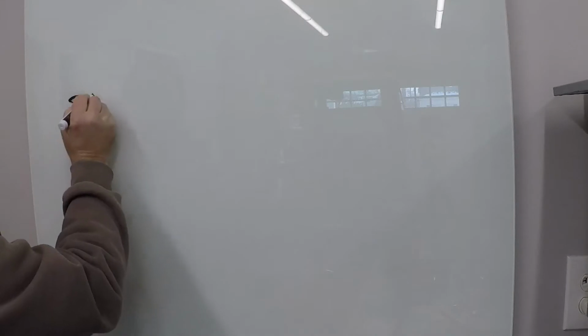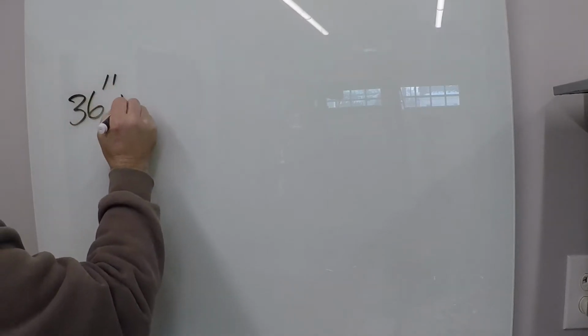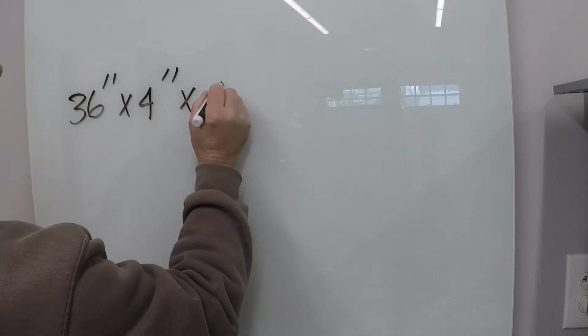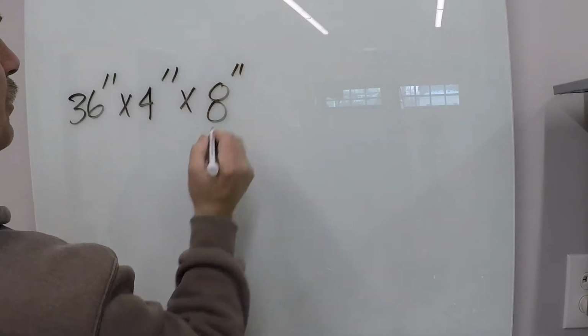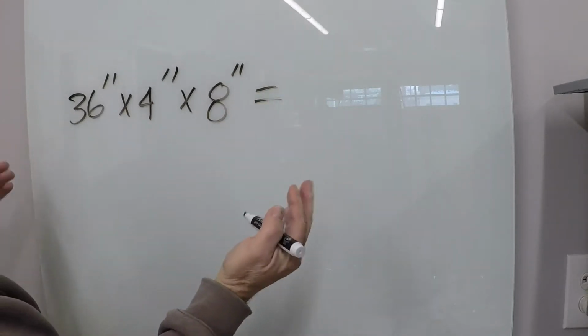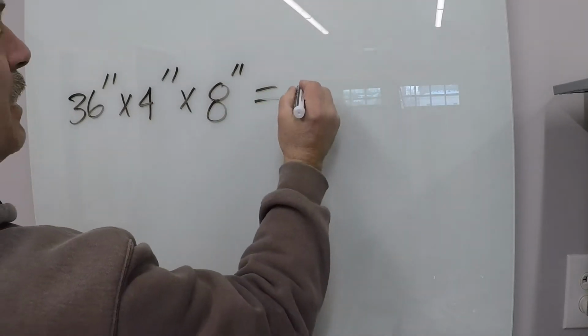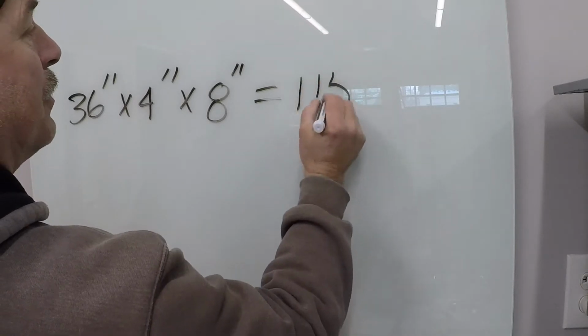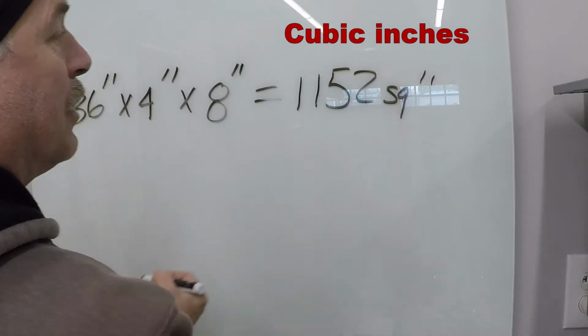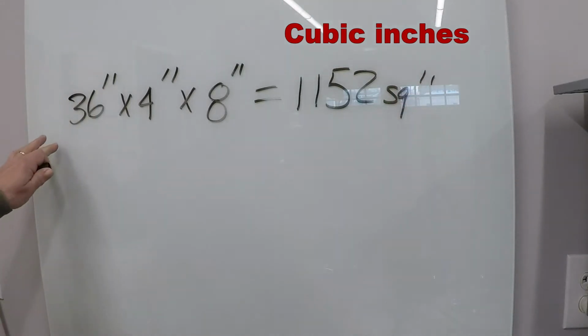All right, so what do we have? 36 inches times 4 inches times 8 inches is going to give us the total amount of cubic inches in that tank. And I already did the math. It comes out to 1,152 cubic inches. Now we know there's 231 cubic inches in a gallon.